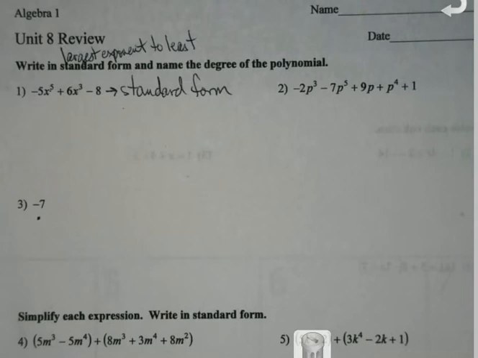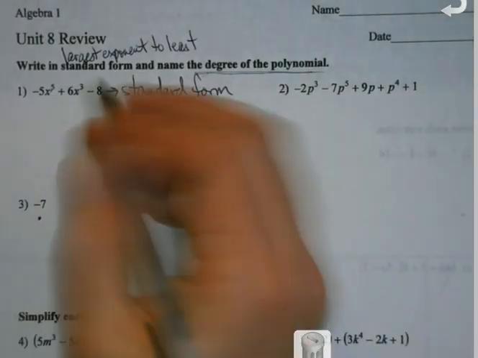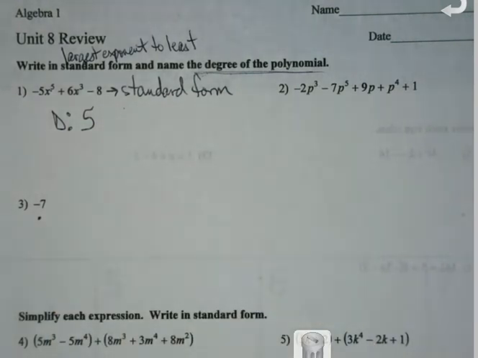But then it also tells me I have to name the degree, which is always just going to be whatever the largest exponent is that I happen to see. So you kind of see why it's important that you want to have things in order, because otherwise that can get a little complex.